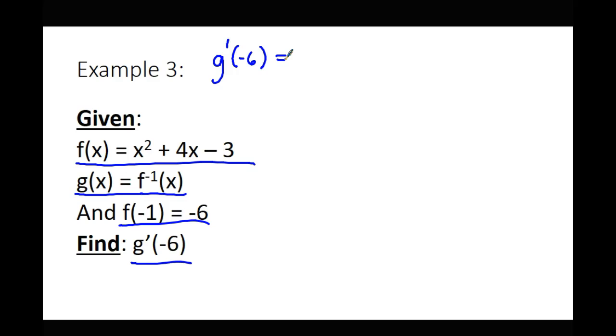So if g prime of -6, then f inverse prime of -6. So I'm going to rewrite it as an inverse, because that's what it is. Don't you guys agree? If g equals f inverse, then g prime of -6 is f inverse prime of -6. You guys good? And why would I do that? Because now we can do our formula. If you want f inverse prime on the outside, then keep your negative on the inside. Okay?